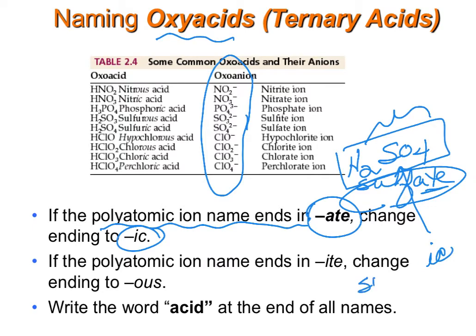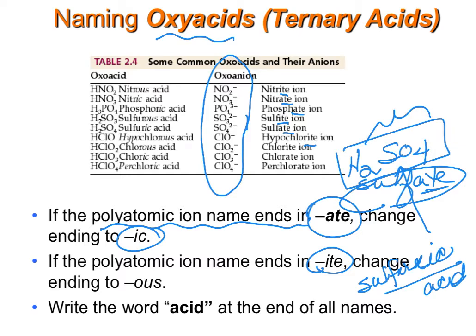So this, and you may already know this, it's a pretty common acid, sulfuric acid. Right, so if the polyatomic ion name ends in ite, and in case you didn't already notice, by far most of the polyatomics end in either ate or ite.